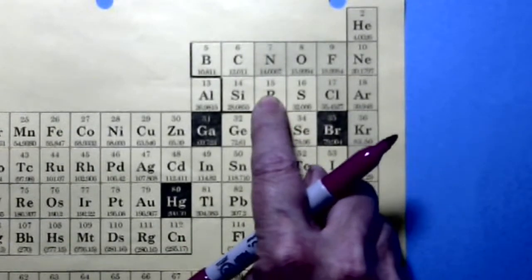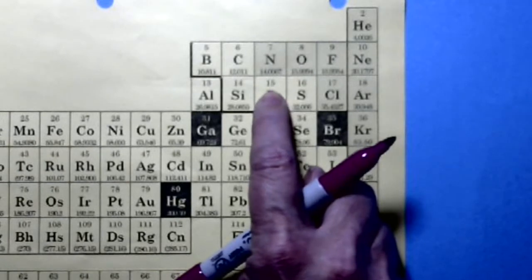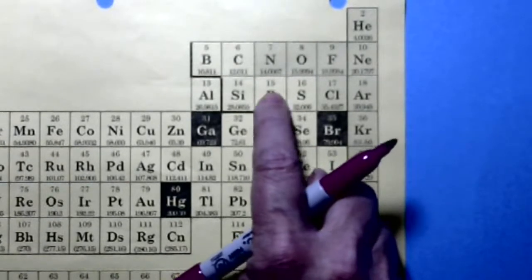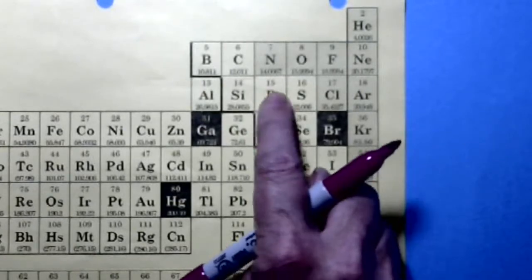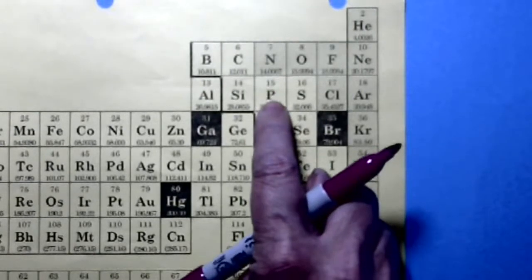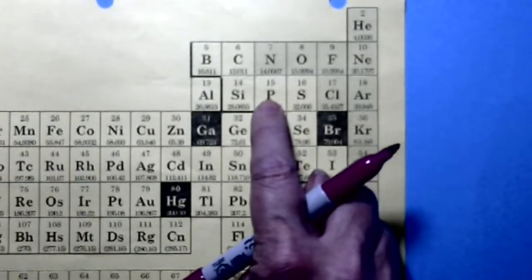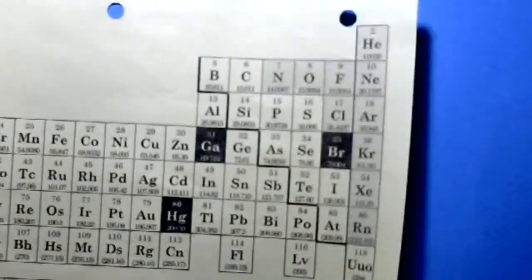Phosphorus is 15, and so the neutral atom has 15 electrons. So what if I want to do the electron configuration for phosphorus, but I don't have a box diagram? I'm going to go straight from the periodic table to the electron configuration.